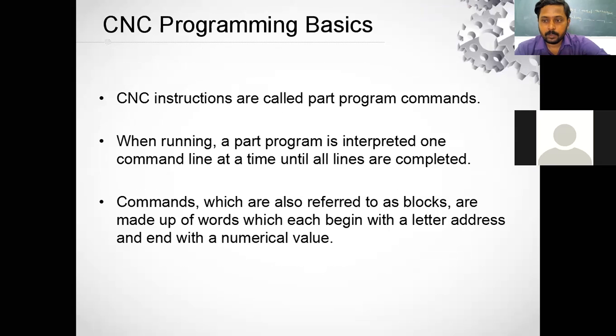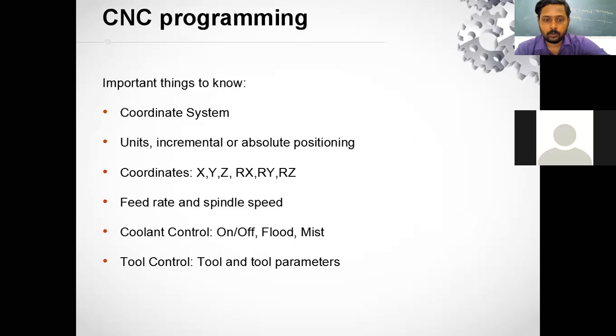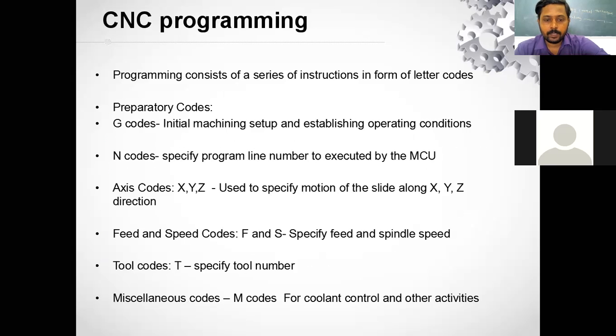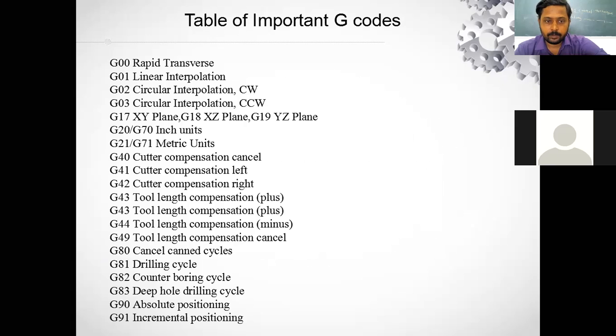Then we were discussing about the programming basics, how the programming is being carried out by using codes. Which are those codes? G codes and M codes, the different types of G codes and M codes we have discussed.